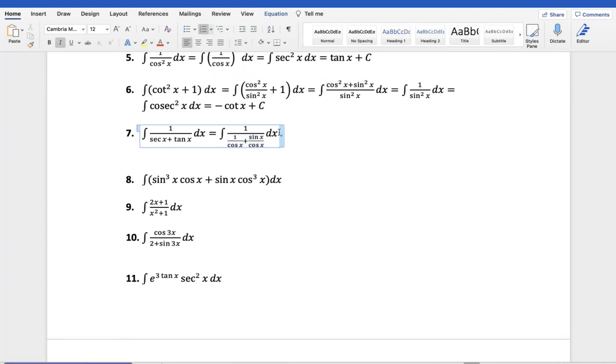Putting this over the same denominator and simplifying, we have 1 over 1 plus sine of x, divided by cos of x.